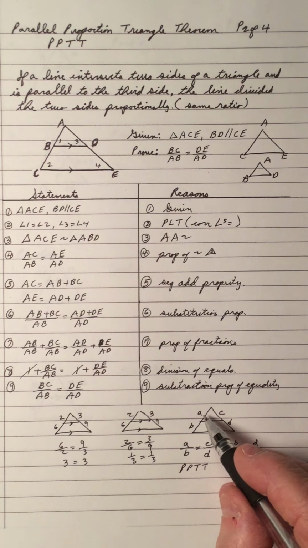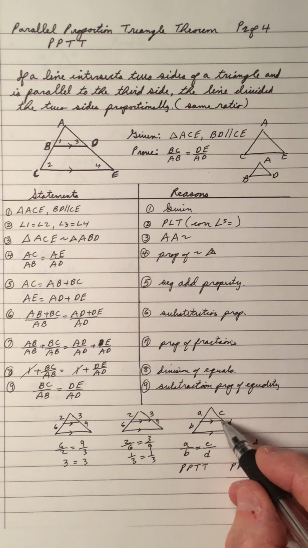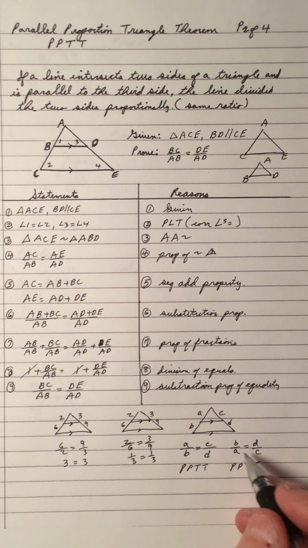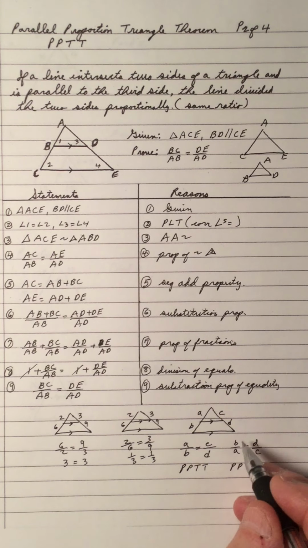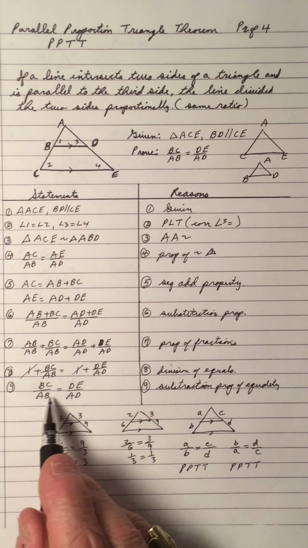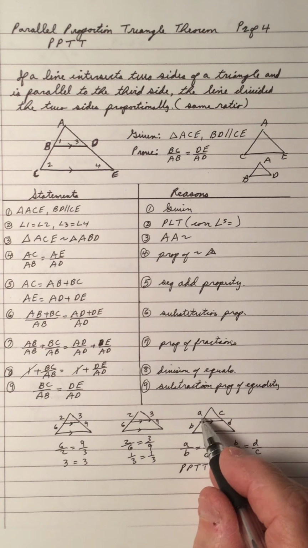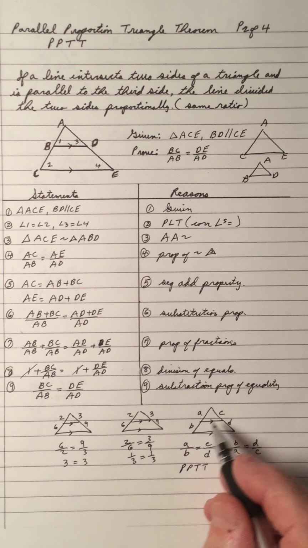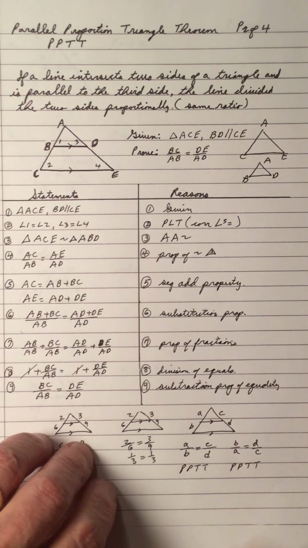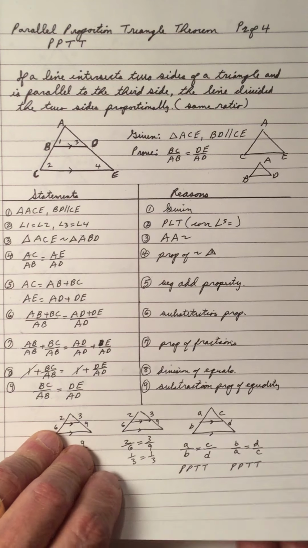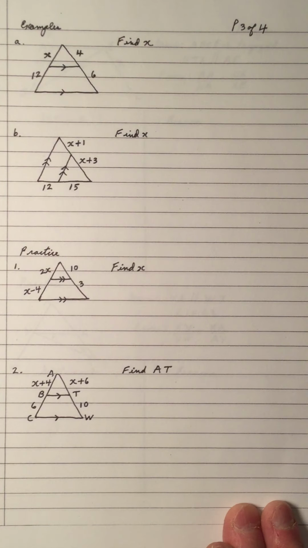But most people will go A over B equals C over D by PPTT. They normally don't name it the reverse way, even though I've done the proof doing the reverse. So that's the proof for PPTT.